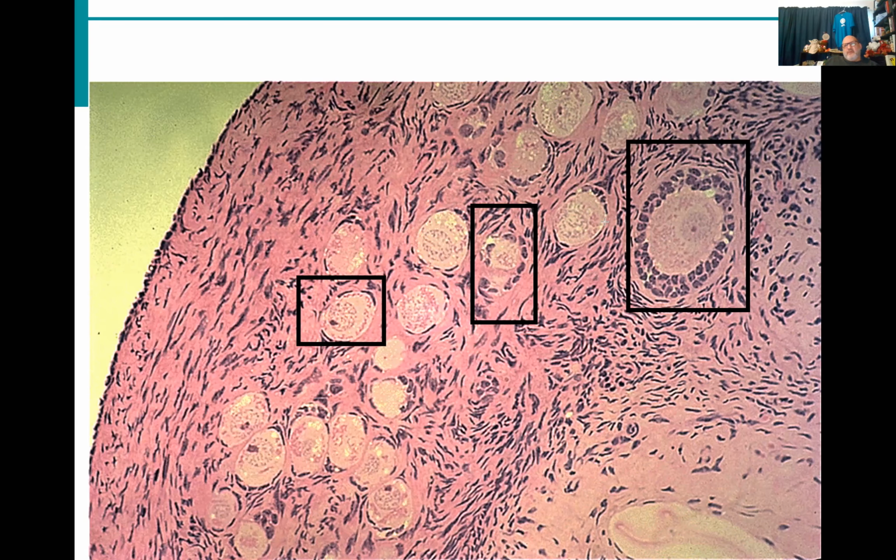If on the exam I pointed my arrow here and said, identify this cell, be specific, what's your answer? Guarantee these are going to be questions on the exam. Identify this cell.